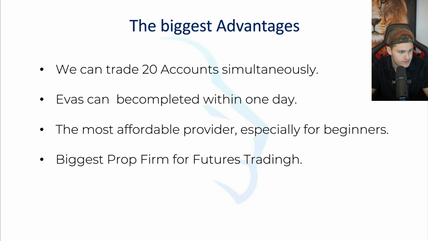The third point is the most affordable provider, especially for beginners. If you look into the prices and the pricing model of Apex, you will always get 80-90% off, depending on the sale they have, and it will always be between $15 and $30 for a 50k combine. And if you look at the other competitors, it always begins at $40-50.